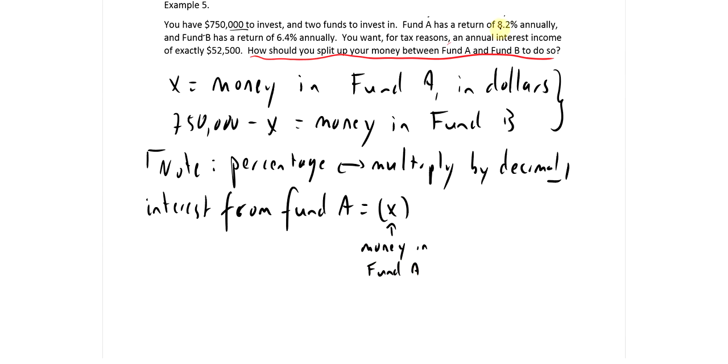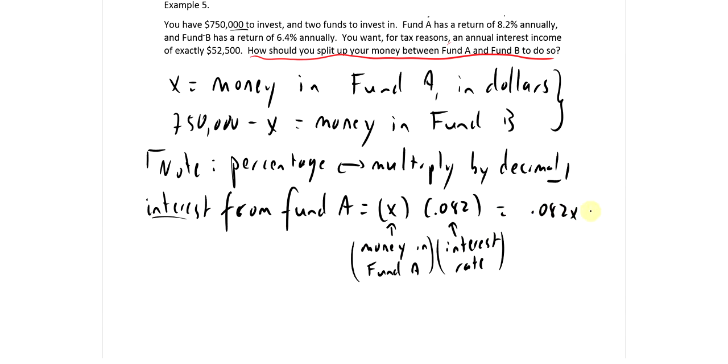Well, 8.2%. So the money that you have times the interest rate, that's your interest income. So 0.082x. That's the interest that I get from Fund A.